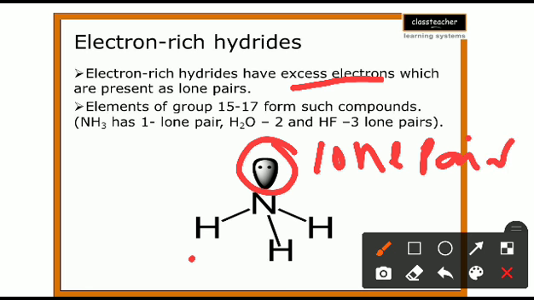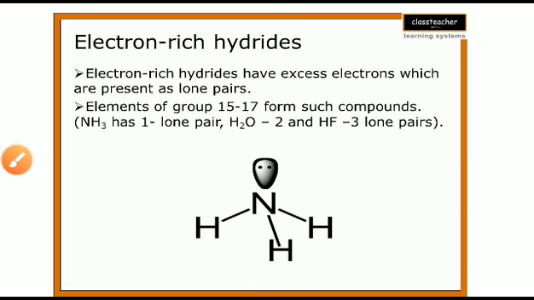That's why it is called electron rich hydride. For example, water also contains 2 lone pairs on the oxygen. Whenever the molecule is formed with extra lone pairs present, it is called an electron rich hydride.